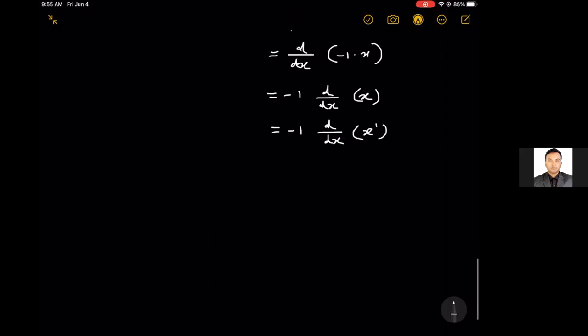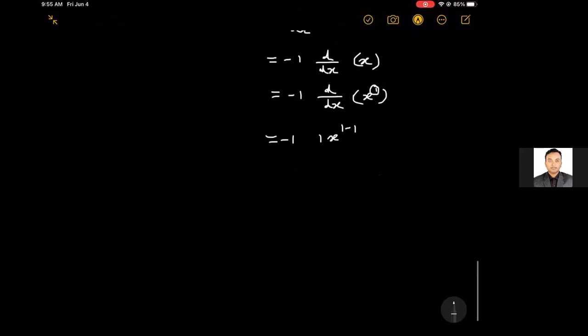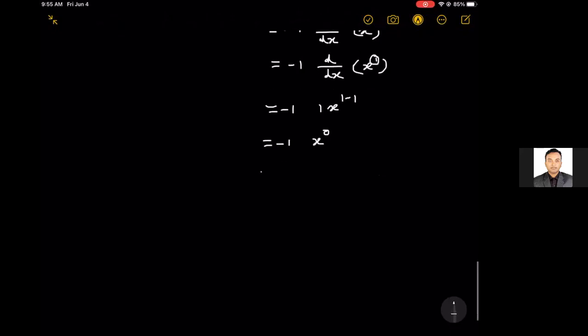And if I use the power rule, the n is 1 here. So 1 times x to the 1 minus 1, right? So negative 1 times x to the 0. What's x to the 0? Anything to the power 0 is always 1.